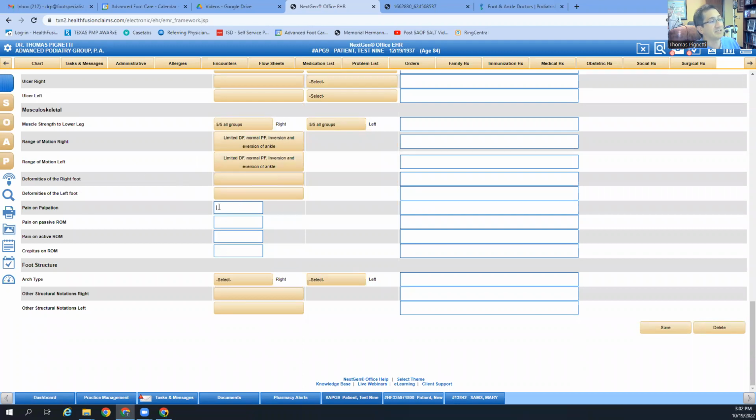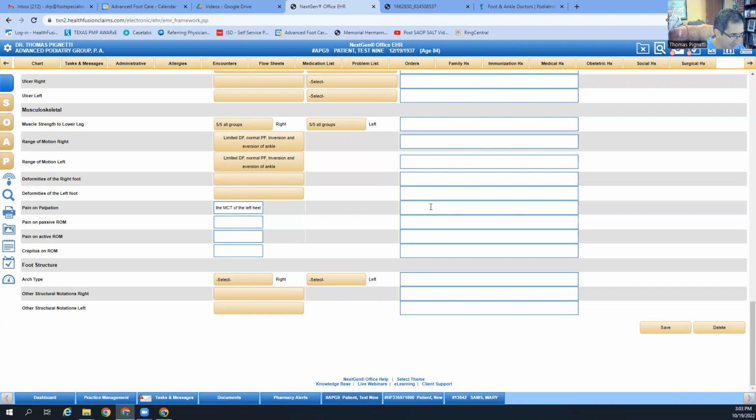Okay, pain on palpation. This is just a catch-all. So in this case, we have heel pain. So this patient has tenderness at the plantar medial tubercle of the left heel.